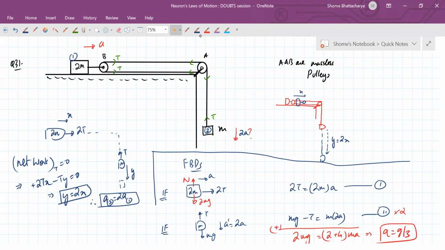Okay, so now you can see that the block M will have a downward acceleration of 2g by 3.